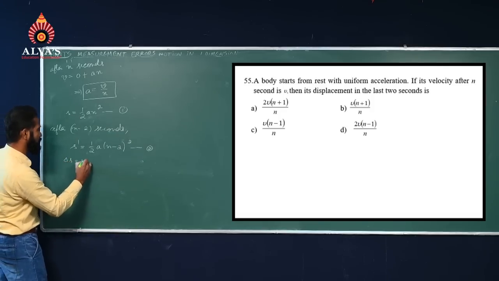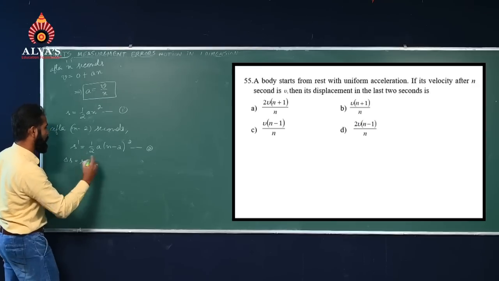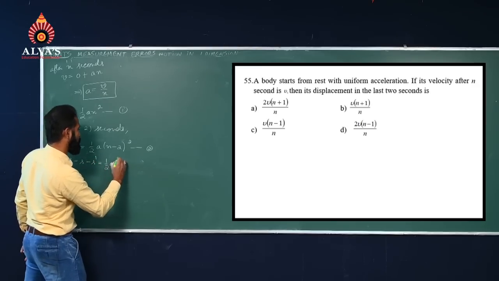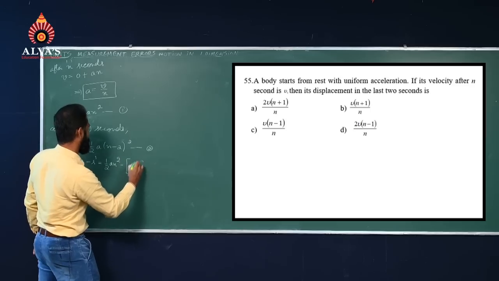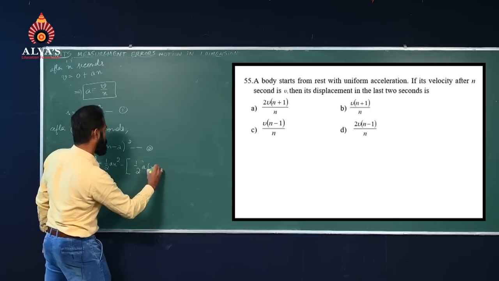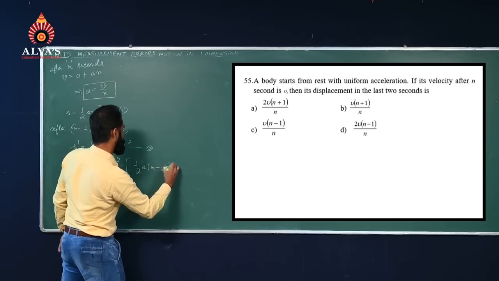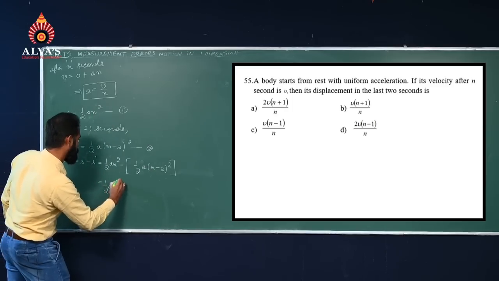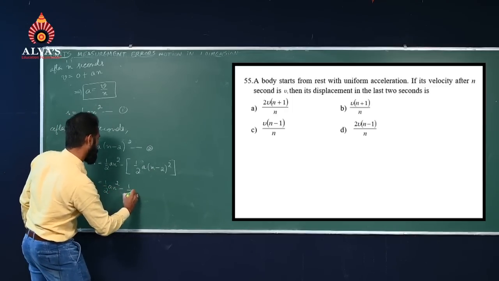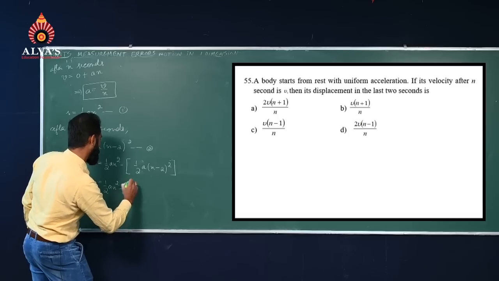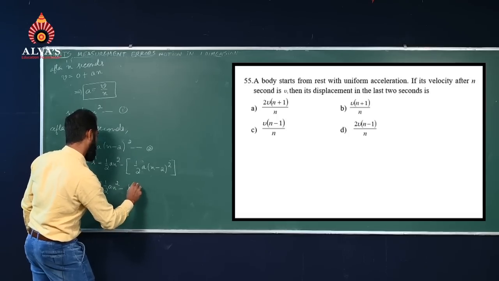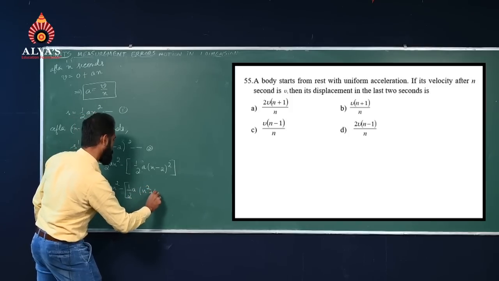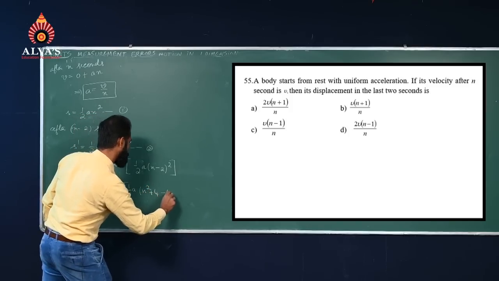So delta s will be equal to S minus S dash, that will become half a n square minus half a into n minus 2 square. So that becomes half a n square minus half a into n square plus 4 minus 4n.